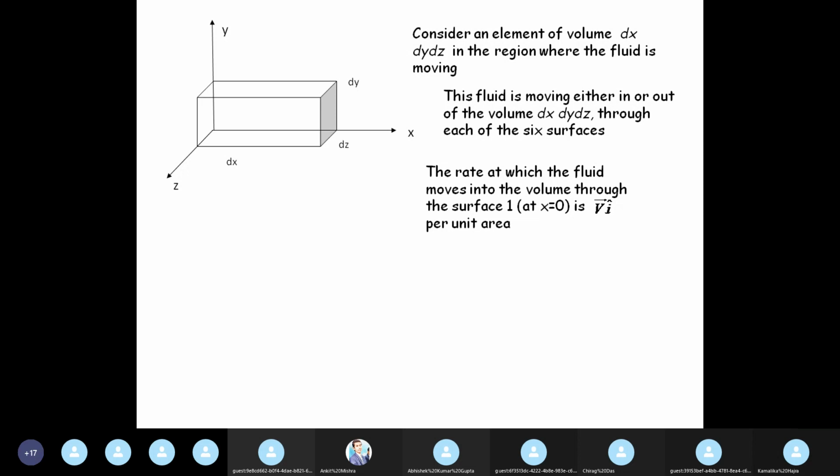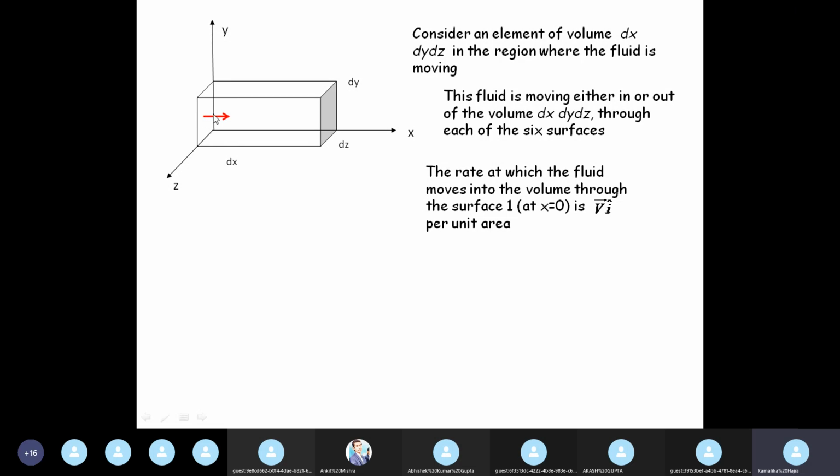So suppose we consider this surface here. What is the area of this surface? dz into dy. This is dz and this is dy. This long line over here is the length, dx; the width is dz and height is dy. So consider the fluid coming into this volume through this surface. What is it? V dot n cap.